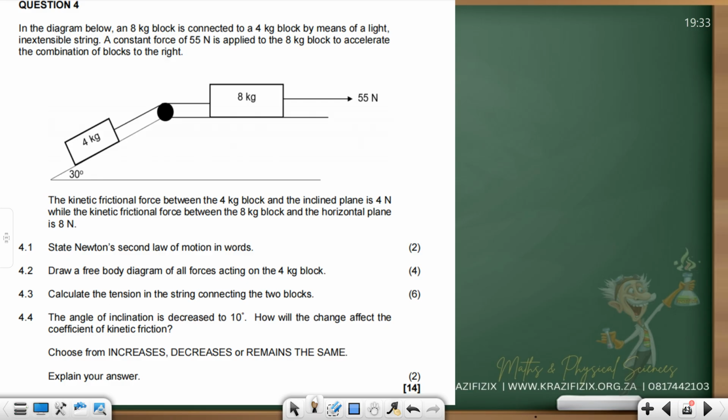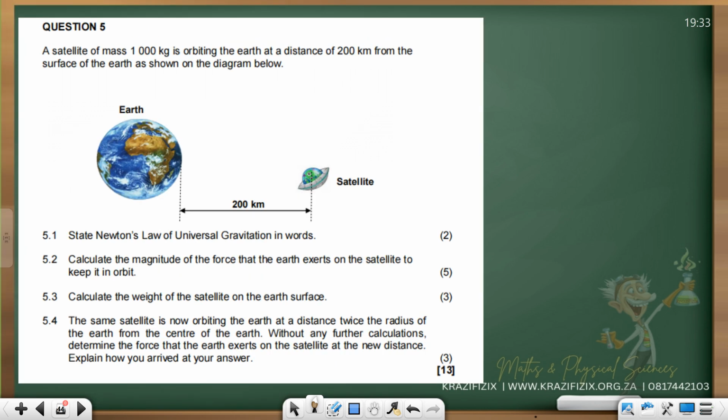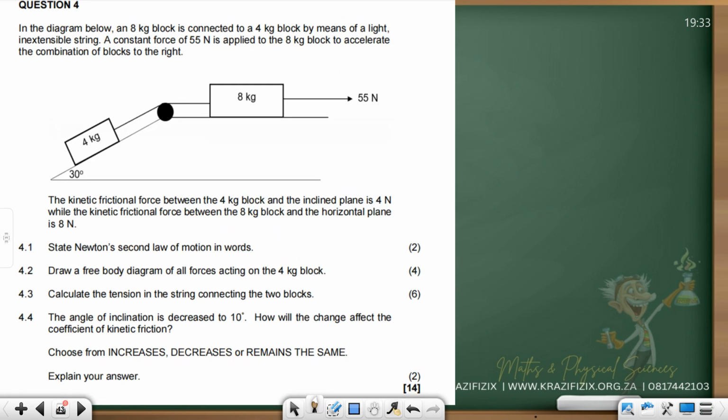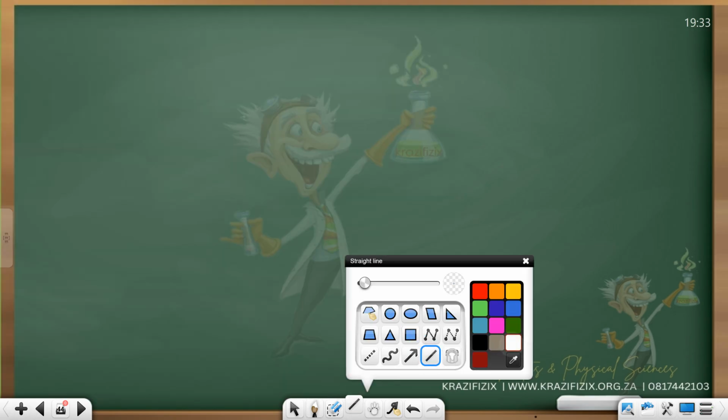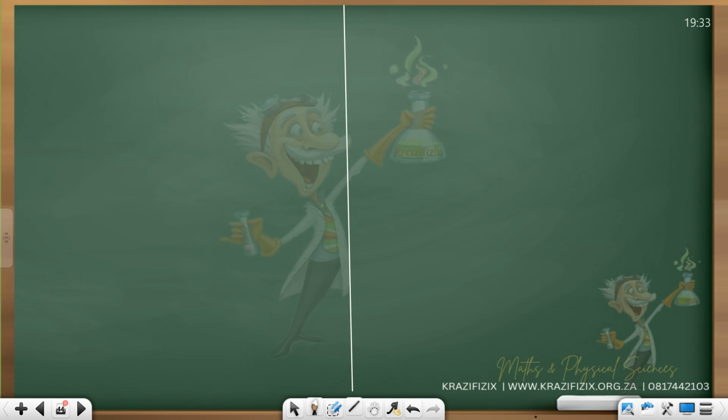All right. My good learners, Newton's third law. I did state Newton's third law the other time, but I want us to quickly go through it again and look at a few examples. We're not going to waste time on this.